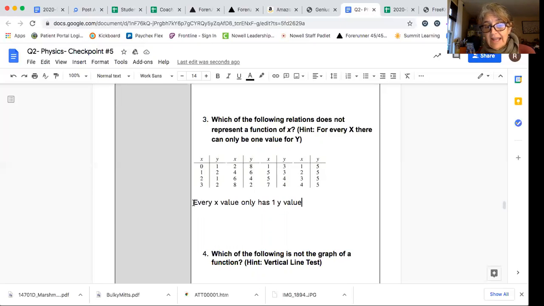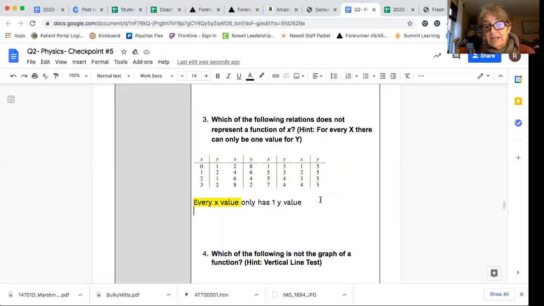Remember, we're looking at x values. We're not really looking at anything else. For us, the most important thing is to look at the x value, okay? So we see here that if the x value is 5, the y value could be 3, or the y value could be 4. That's 2 y values. This is not a function.